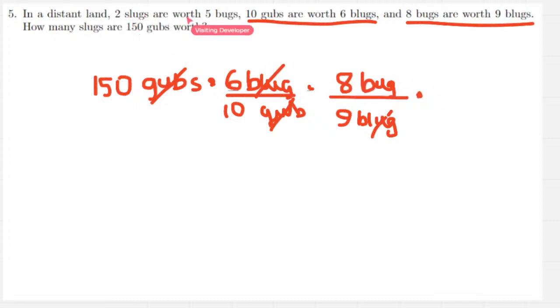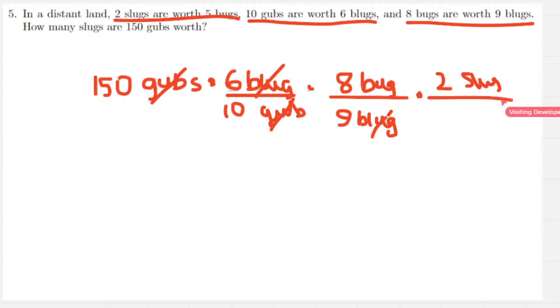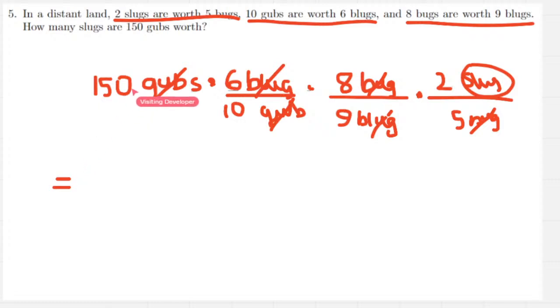so we use our final piece of information that 2 slugs are worth 5 bugs. So converting the bugs to slugs, we have 2 slugs are equivalent to 5 bugs. And so the units of bugs cancel out, and we're left with a unit of slugs, which is what we want.